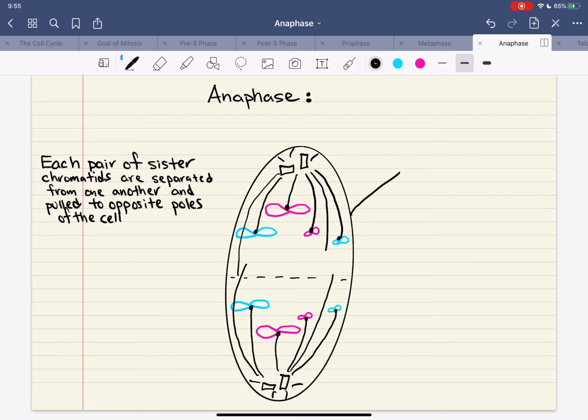You can also see that the cell also starts to stretch out and elongate. Now you might be wondering what causes these chromosomes to get pulled apart and then reeled back.